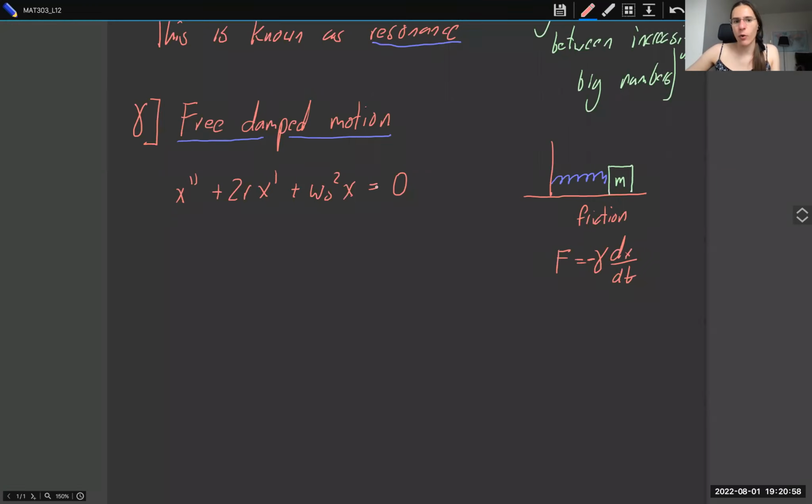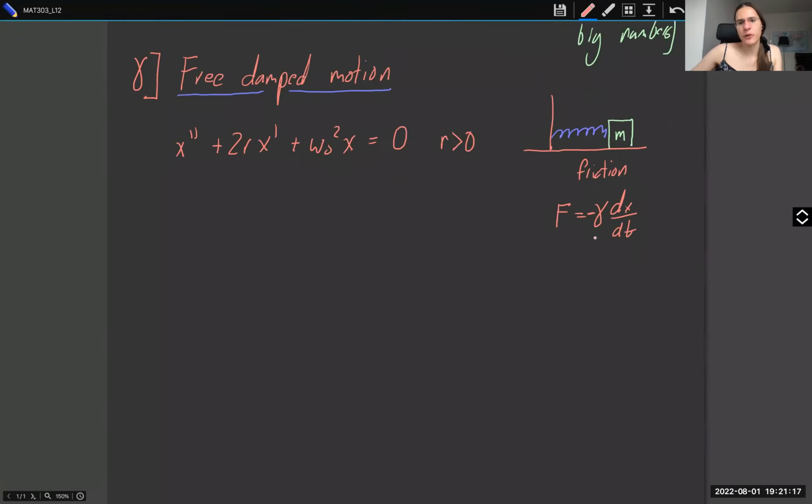When we bring it over, because the forces are on this side and they're negative, we'd get a 2r coefficient with r greater than 0. That's important, because r greater than 0 means that friction opposes motion.